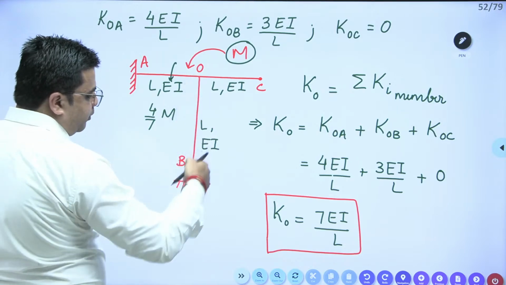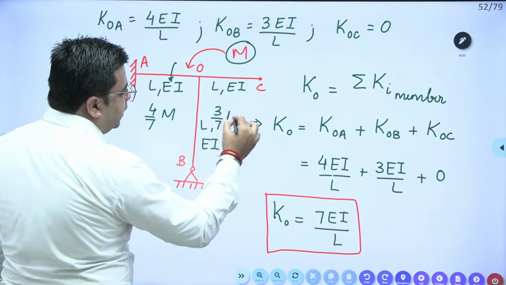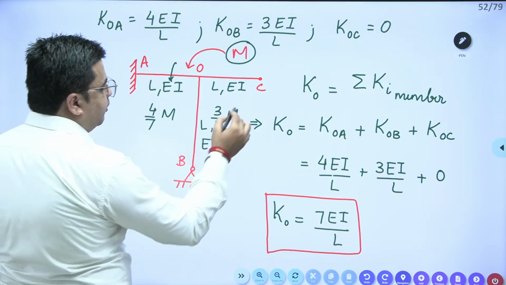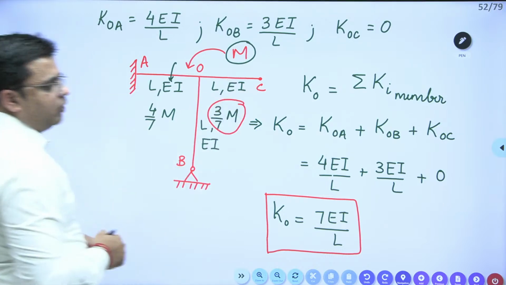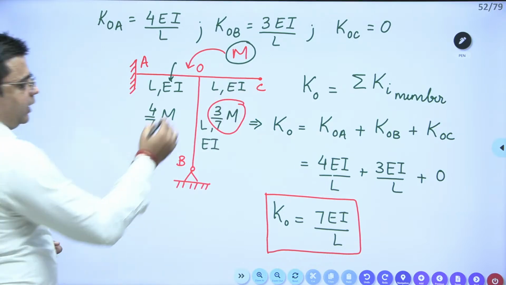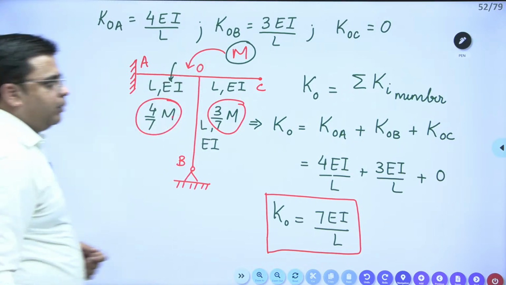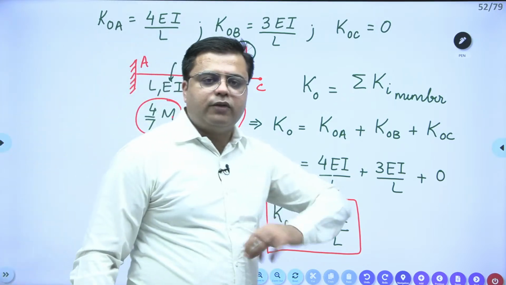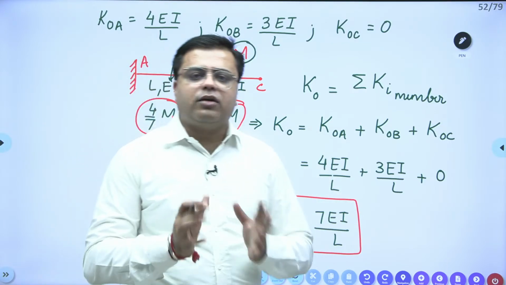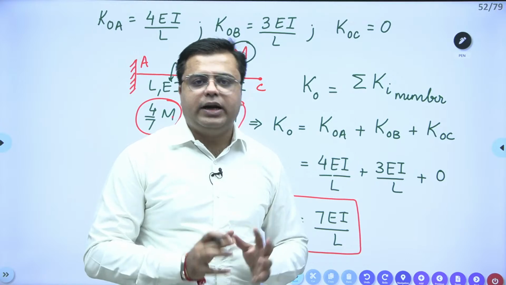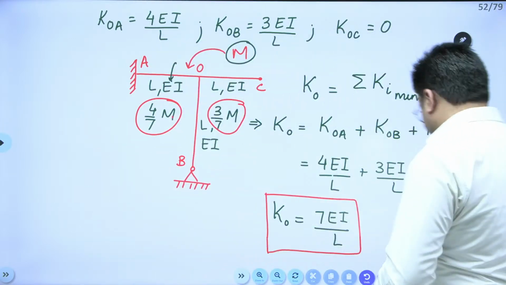Similarly, 3/7 M will be acting over this member OB, and no moment will be acting over this member OC. When you add 4/7 and 3/7, you get the total moment M. So the distribution factor is basically used to calculate how the moment at a joint will be distributed among its different members. Correct? Okay, chalo.